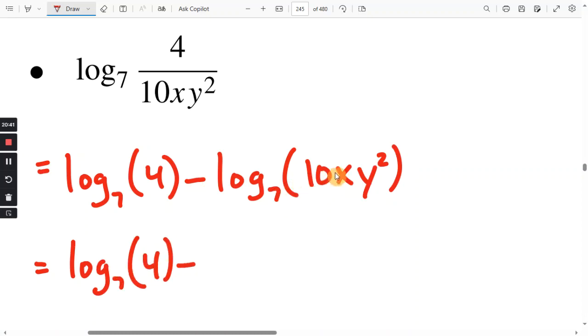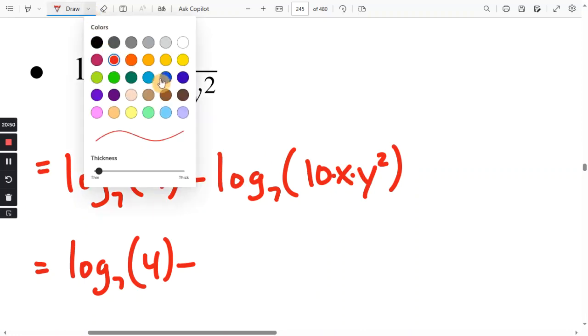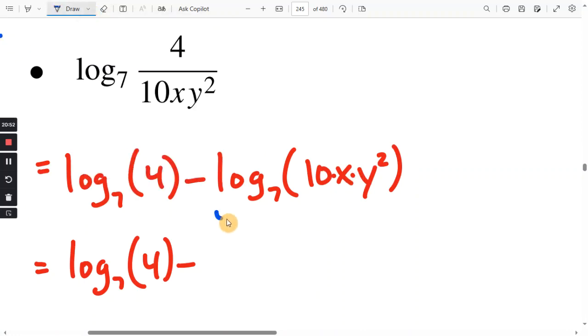Here, these are all multiplied. 10 times x times y squared. So for this part right here, I'll do it in a different color. This part right here, we're going to use the product rule. We actually have 3 terms, an A, a B, and a C. And guess what? We can apply the product rule for all 3.